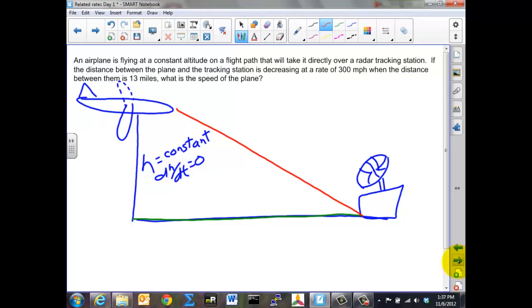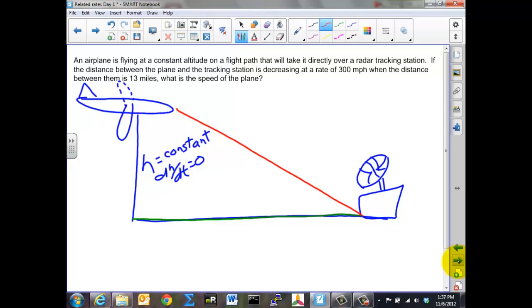Now, where's the plane? Okay, it's here. The tracking station's at the bottom. If I tell you to measure the distance from here to somewhere, aren't you going to go straight to that somewhere? Not straight underneath it. If I said straight underneath it, or if I said where it is directly above the ground, I think it'd be talking about the green line. So I think we're talking about the red line here, okay?